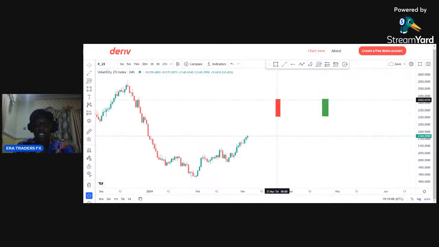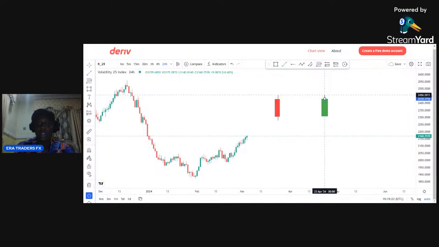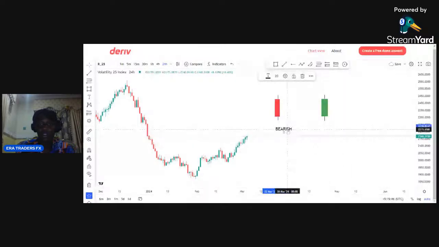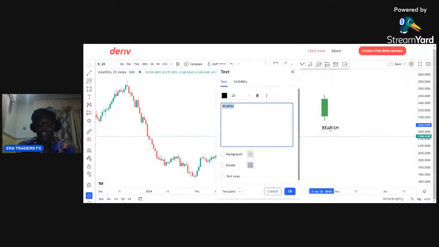So we have the wicks of the candle. Same thing for the bearish, which is the second candle, and the second one is the bullish one.